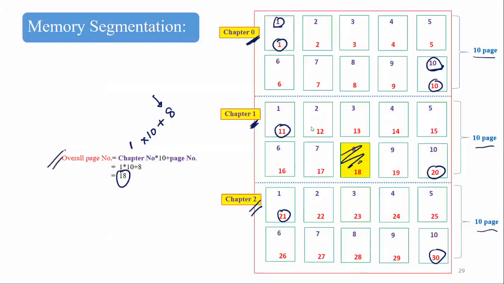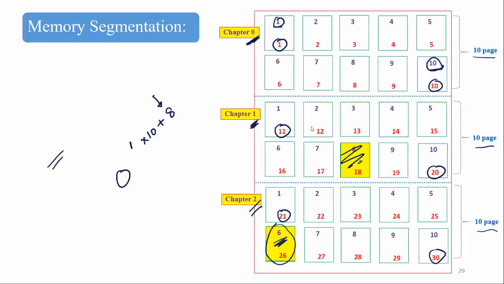Now, this is analogous to our memory, for 6 and 26. Should I ask any other, or should we proceed? So can you explain what has been selected here? Chapter number 2, we have selected one page.